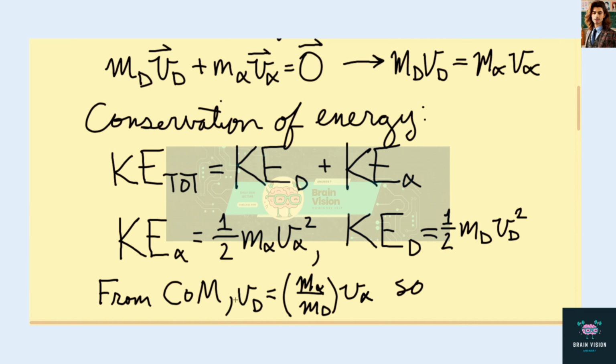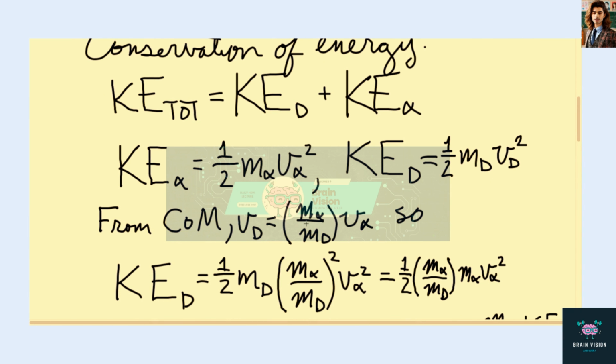So with this, we can plug in our equivalent for v sub d into our kinetic energy for the daughter nucleus. I did that here. We can rearrange the factors such that we see that this kinetic energy of the daughter nucleus can be expressed as a fraction of the kinetic energy of the alpha particle. You see the 1/2 alpha particle mass here that I pulled out of the squared term, and the velocity of the alpha particle squared.